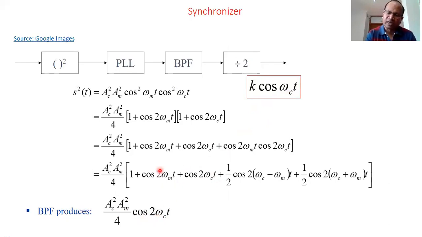All the cos 2 omega ct terms will be rejected, and after dividing it, we will not get omega c here, it will be omega mt, because we are applying the square law device and trying to recover. So we will get actually the cosine of omega mt.